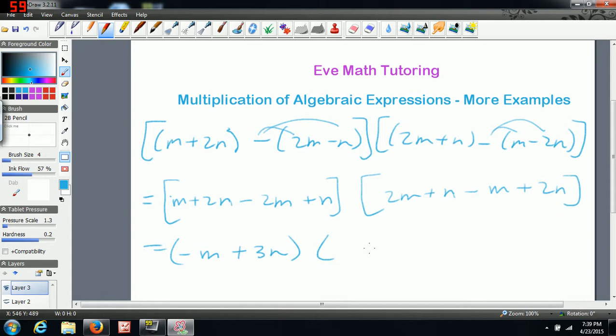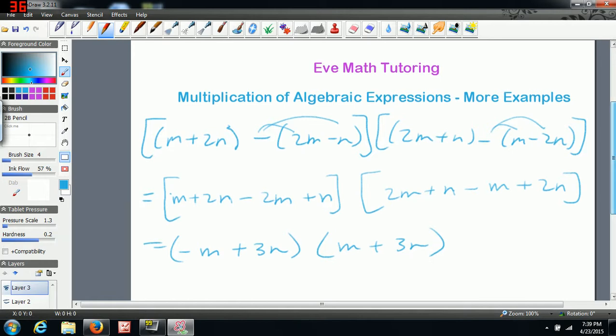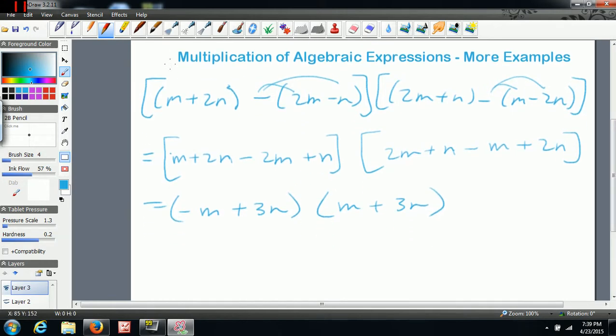Over here, 2m minus m is going to give me m, and then n plus 2n is going to give me again 3n. Now at this point, this question could say multiply or simplify, something like that. Probably it would ask you to multiply. Okay, so now we can go ahead and just use FOIL to multiply these two binomials. So negative m times m is negative m squared.